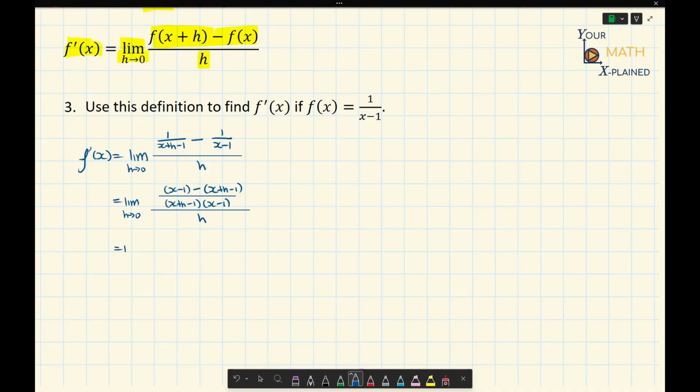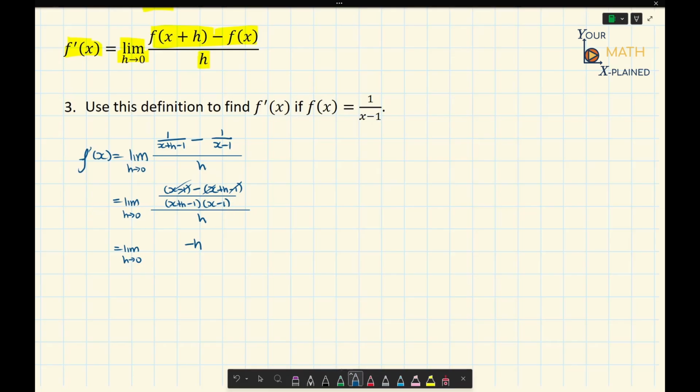Now we can simplify our numerator a little bit. So we can see that we have x minus x, so that'll cancel. And then we have a minus 1 minus a negative 1, so that will also cancel, which means we're just left with negative h on top. And then we can also go ahead and move this h here.